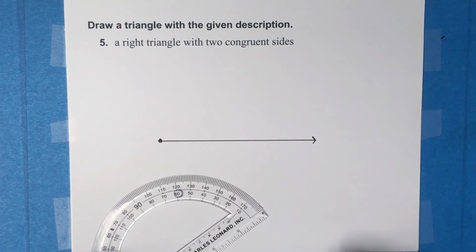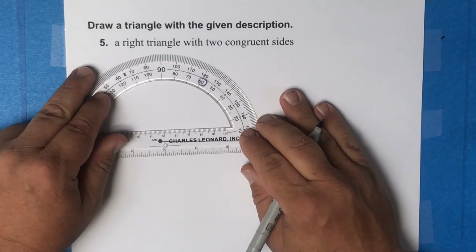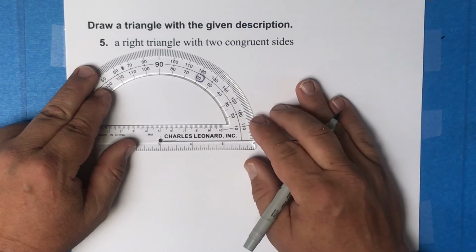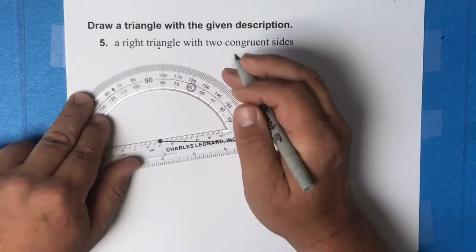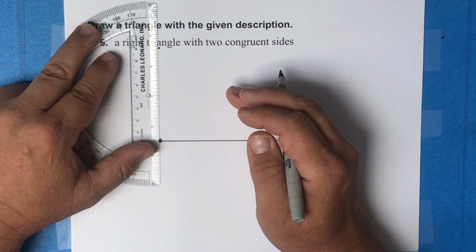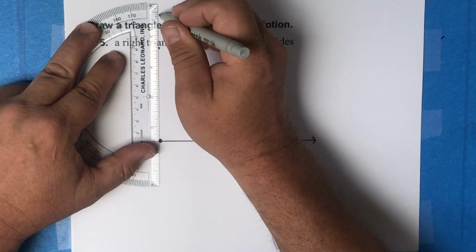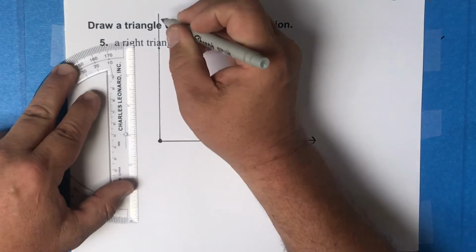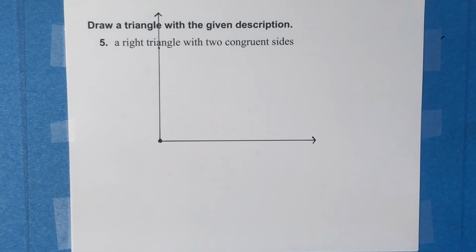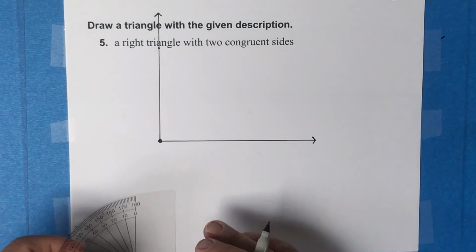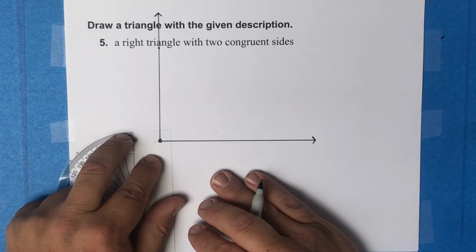That'll be the base of my triangle, and it needs to be 90 degrees because it's a right triangle. I am not worried about how tall this triangle is right now. I am going to make sure I make note that this is a right angle.